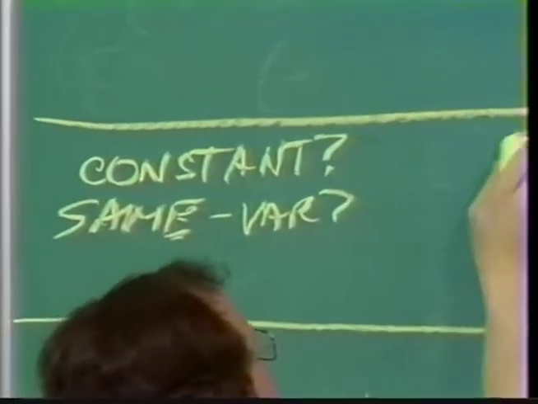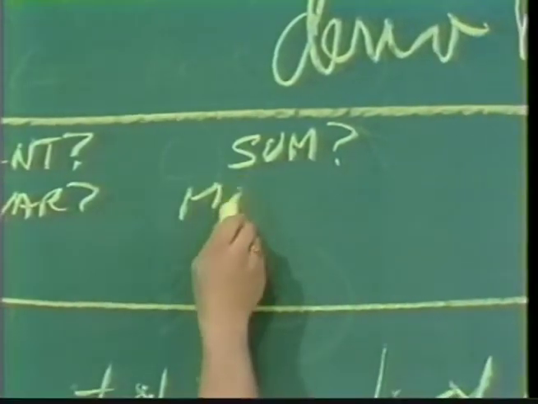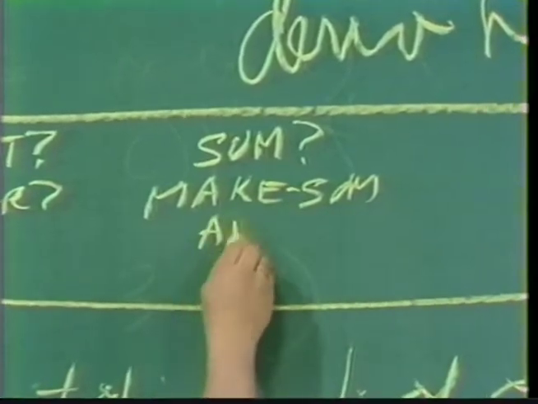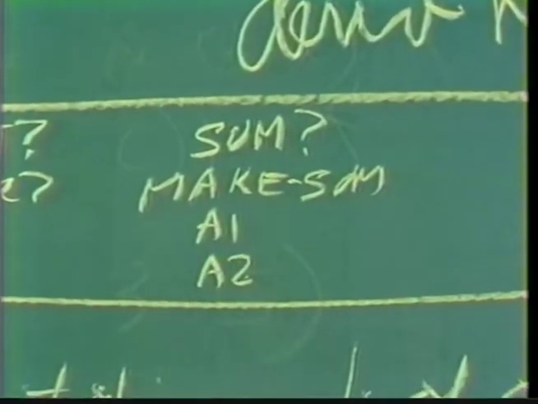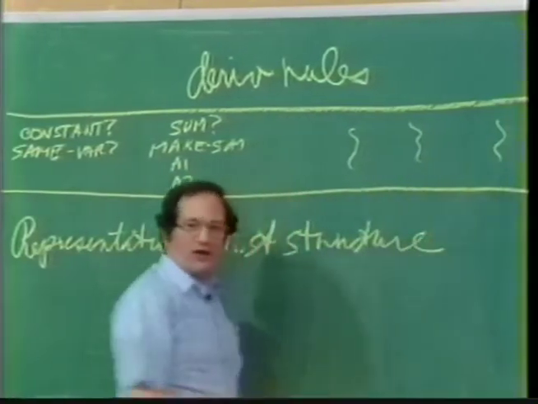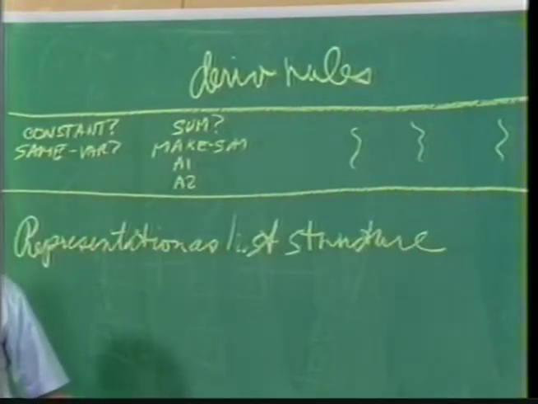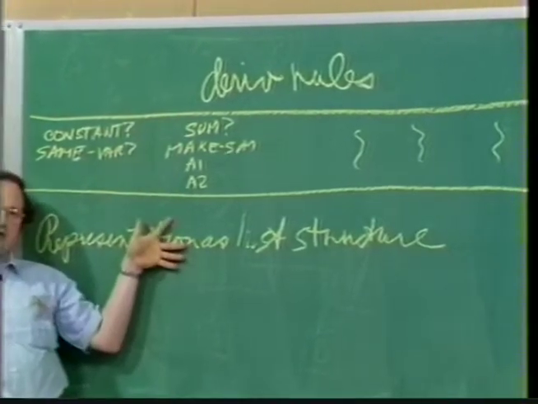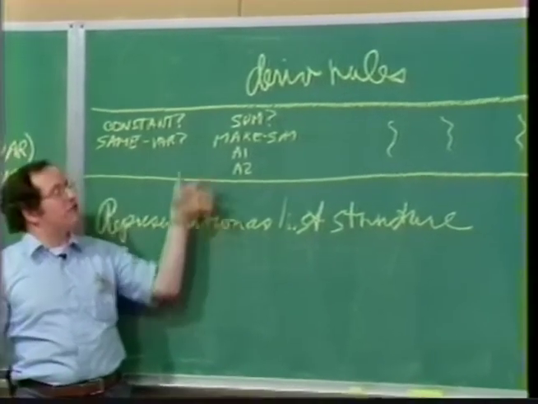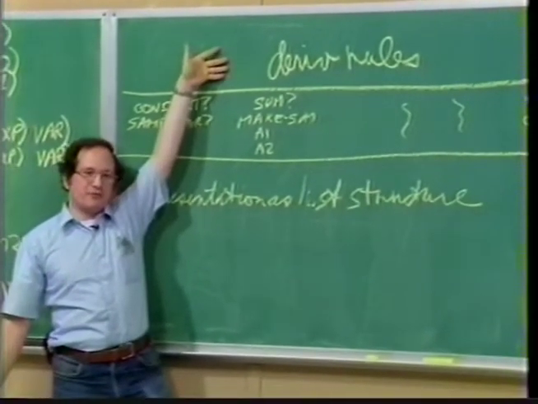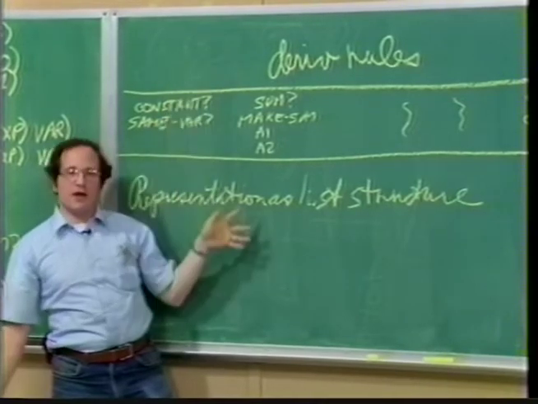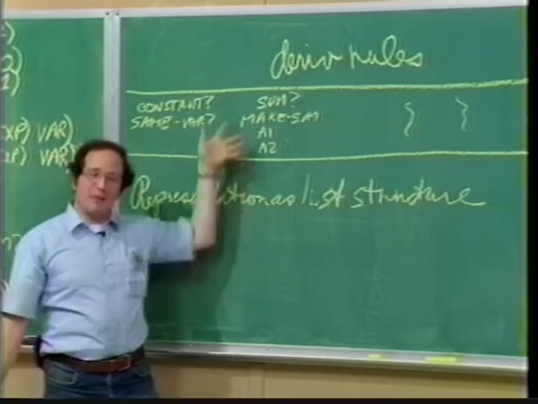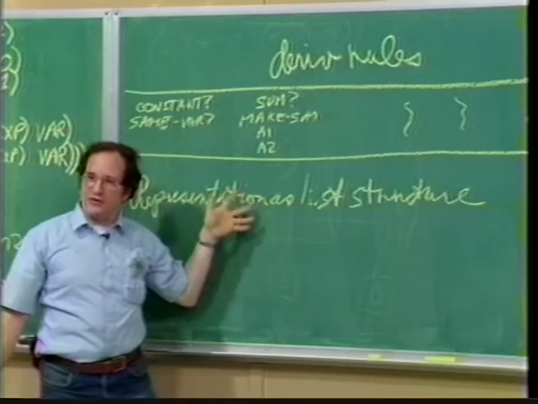I have things like sum, make sum. I have A1, A2. I have products and things like that. All the other things I might need for various kinds of algebraic expressions. Making this barrier allows me to arbitrarily change the representation without changing the rules that I've written in terms of that representation. So if I can make the problem go away by changing the representation, the decomposition of the problem into these two parts has helped me a great deal.